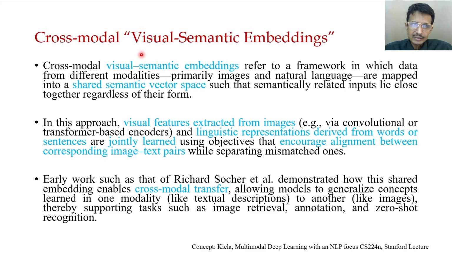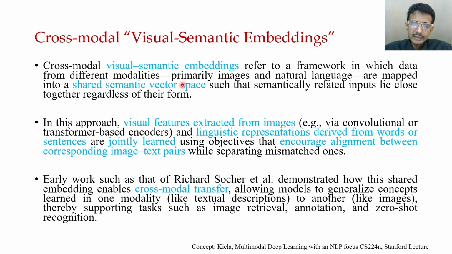If there is a text input, we can get a text embedding. This is another text space. Now, here there is multimodal data, or here it is bimodal, one from image and one from natural language.